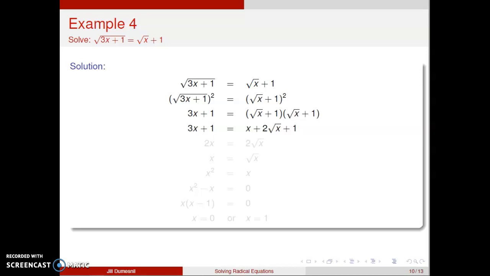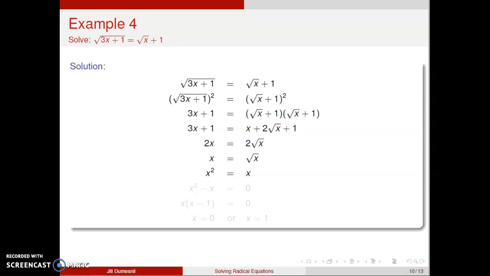We still have a radical expression, so we need to isolate it and square again. We subtract x and 1 from both sides of the equation and get 2x equals 2 square roots of x. Divide both sides by 2 and we're ready to square both sides of the equation.